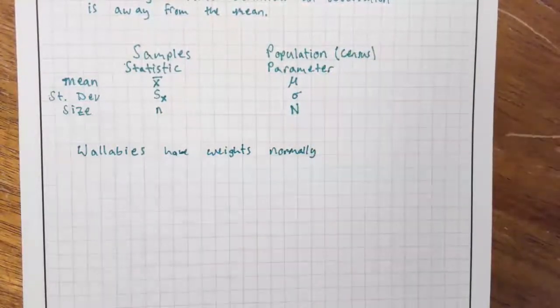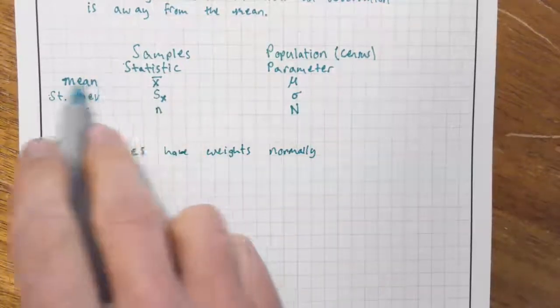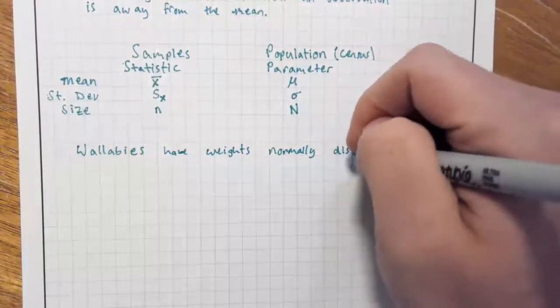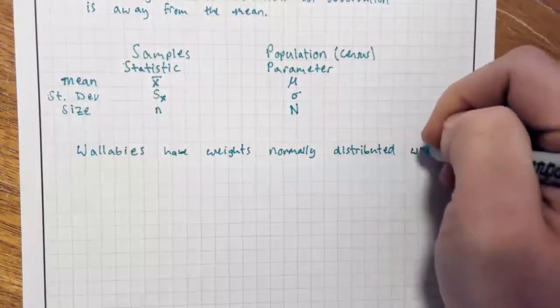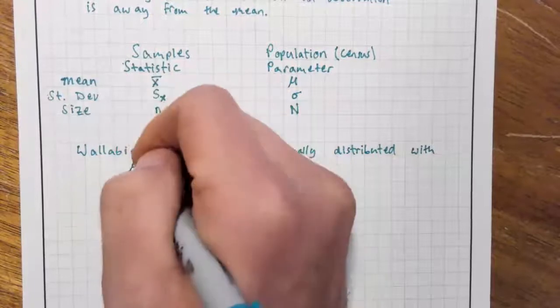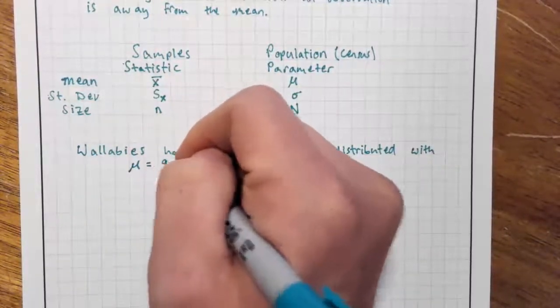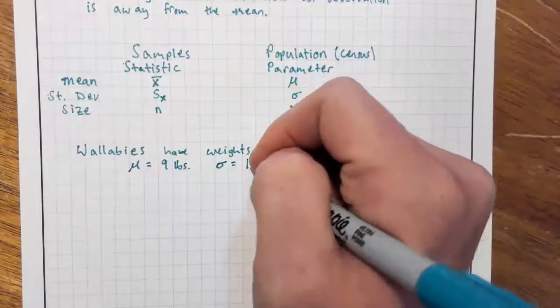I'm saying normally so that we know their weights are not skewed or have obvious outliers, because then we wouldn't want to be using means. So wallabies have weights normally distributed with a mean of 9 pounds and a standard deviation of 1.5 pounds.